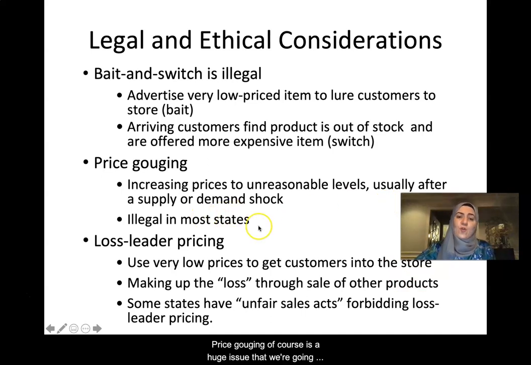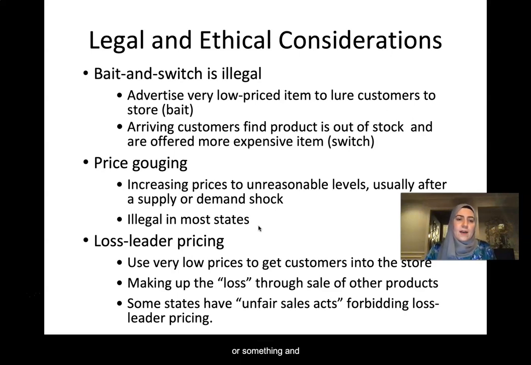Price gouging, of course, is a huge issue that we're going through right now with things like hand sanitizer and toilet paper. Surprisingly, it's not illegal in every state, but it's illegal in most states, including Alabama. Price gouging is when you increase the price to unreasonable levels, and usually it happens when we have some kind of emergency, like COVID-19 or a hurricane.